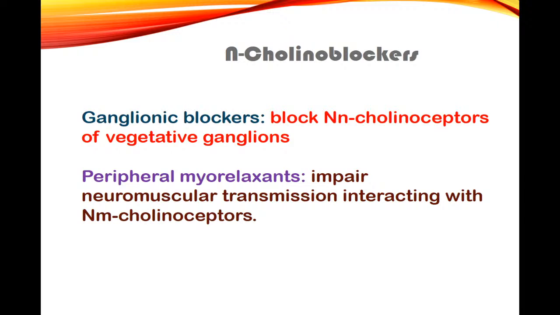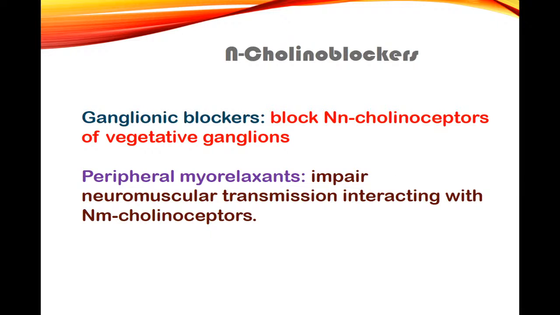Last time we discussed that N-cholinoreceptors, nicotinic cholinoreceptors, are divided into two groups: N-neuronal, with basic localization in vegetative ganglia, so the drugs blocking N-neuronal receptors are called ganglionic blockers. And the second localization, N-muscular, in skeletal muscles.